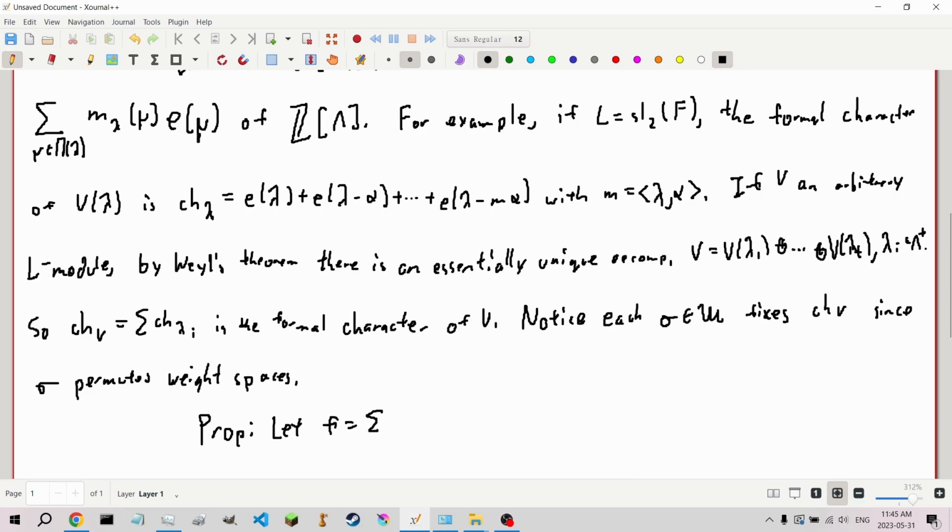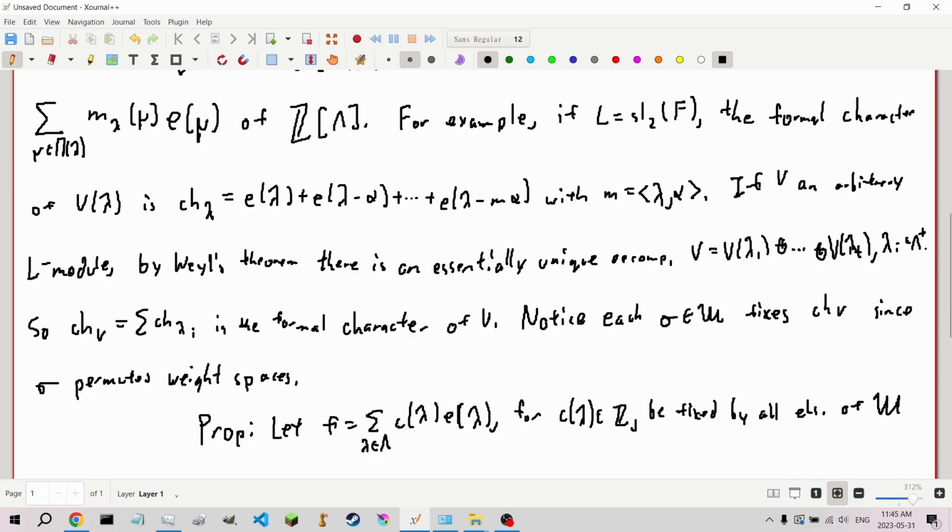That proposition is that, let F be the sum over our lambda in lambda of c lambda E lambda, for, of course, c of lambda being in Z, be fixed by all elements of the Weyl group permuting these weights.